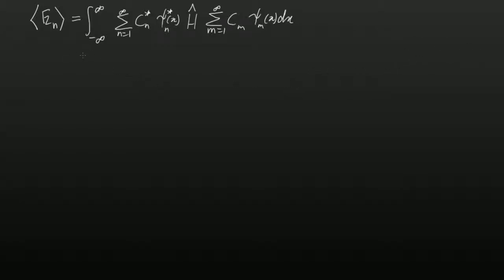Okay, so we'll bring out all the constants to the front, and I'll say straight away that this complex conjugate of this coefficient returns the coefficient, and we're looking at when n equals m, because when n does not equal m, this is going to return 0.